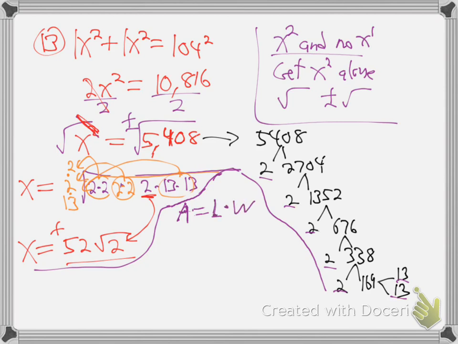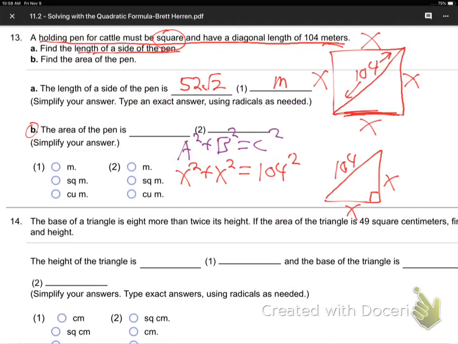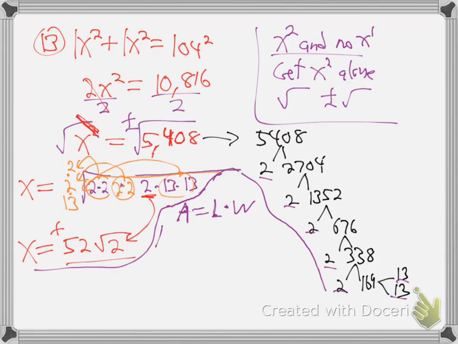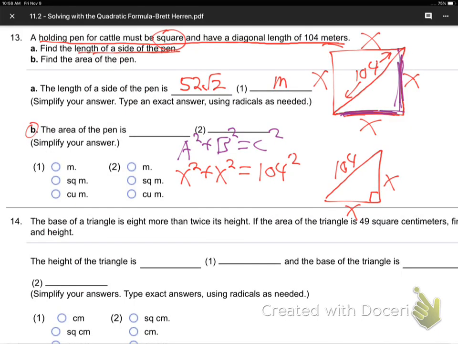So area is length times width. So what's length and width? Well, this side's x and that side's x. They're both just x. So the area is going to be 52 root 2 times 52 root 2. I mean, they're both x, right? The length and width is x by x.